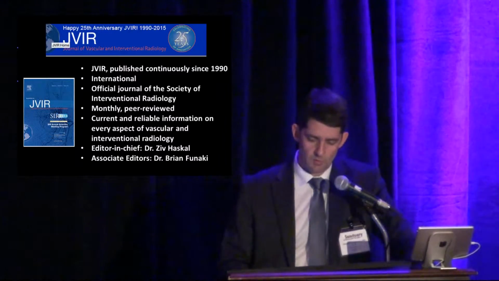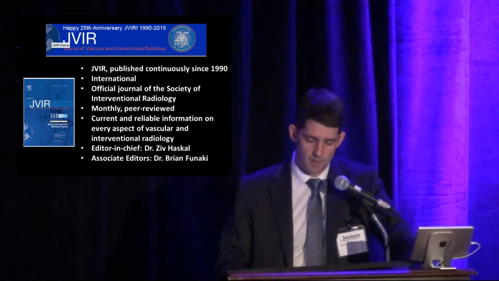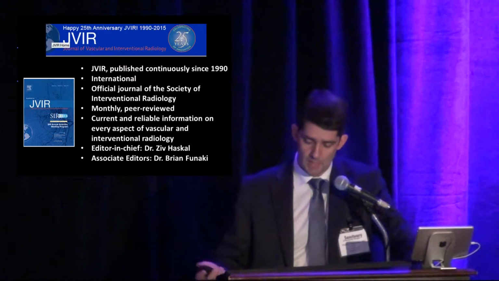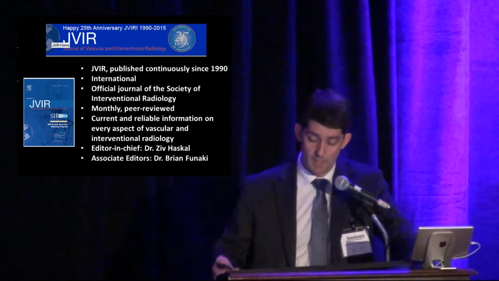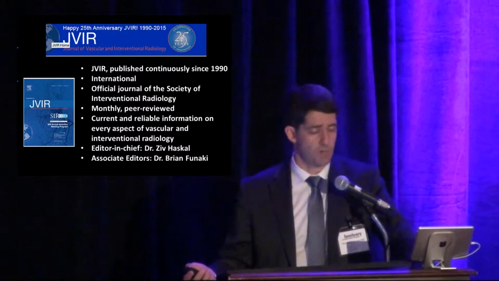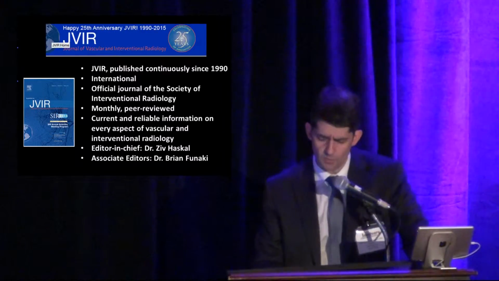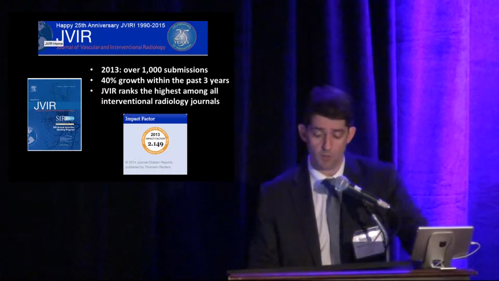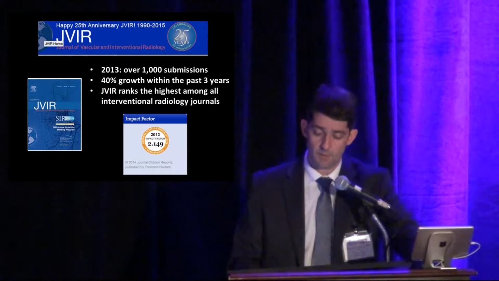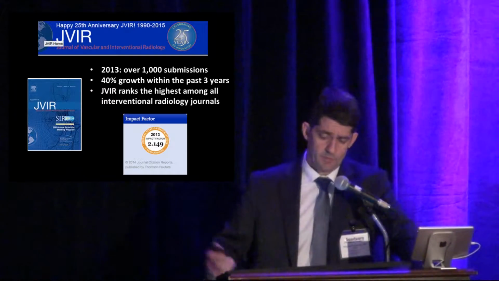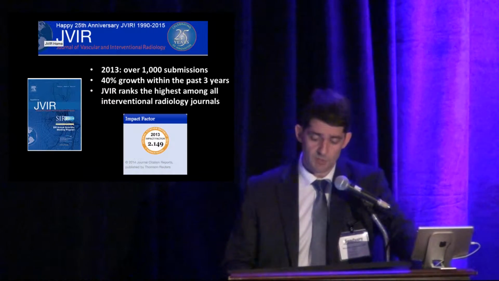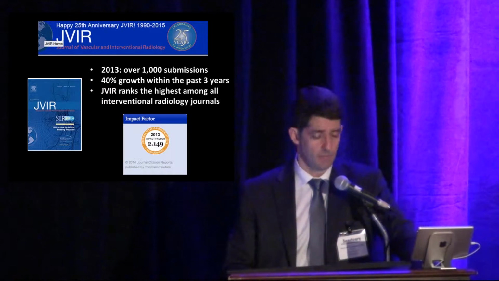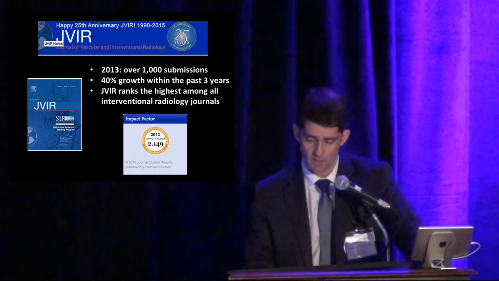It's the official journal of SIR, our society, peer-reviewed, and the associate editor is with us today, Dr. Brian Funaki. It has one of the highest impact factors among all the radiology and vascular journals. There were over 1,000 submissions last year, and there's remarkable growth, 40% in the last 3 years.